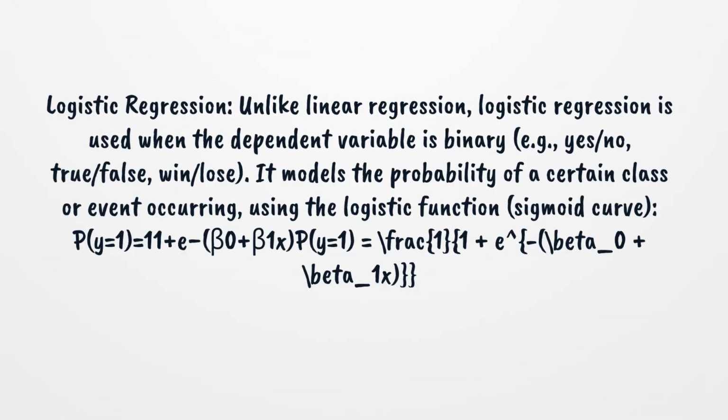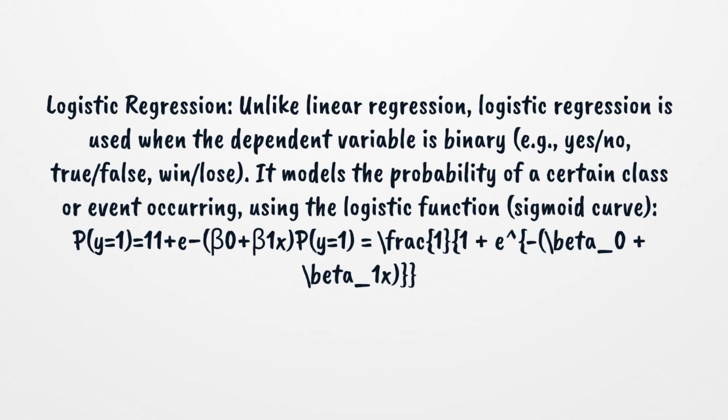Logistic regression. Unlike linear regression, logistic regression is used when the dependent variable is binary, for example yes/no, true/false, win/lose. It models the probability of a certain class or event occurring, using the logistic function, the sigmoid curve.